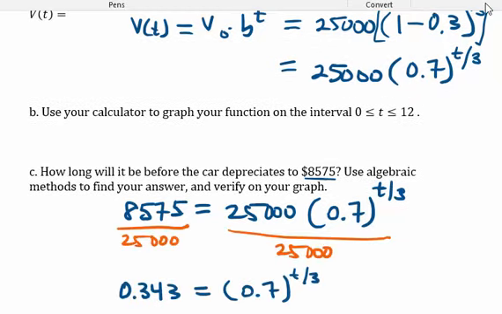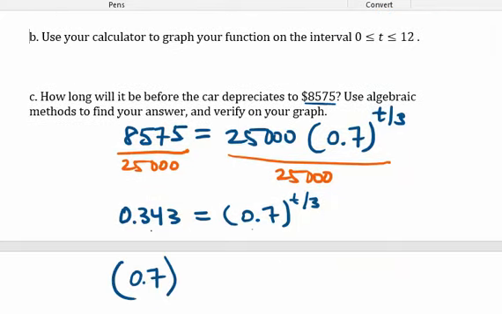So we get 0.343 is equal to 0.7 to the t over 3. And if you could write both of these sides of the equation using the same base, that would help us find the answer pretty quickly. Well, 0.7 cubed is 0.343, and so then we get 0.7 cubed is equal to 0.7 to the t over 3.